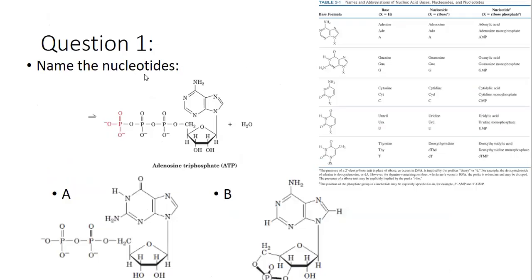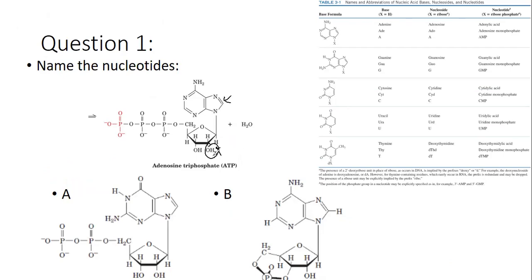And we also have to be able to name our nucleotides based on the phosphates we have. So here in my example, I have ATP. It has adenine as our base. We have ribose as our sugar. You can tell it's ribose because of this OH.